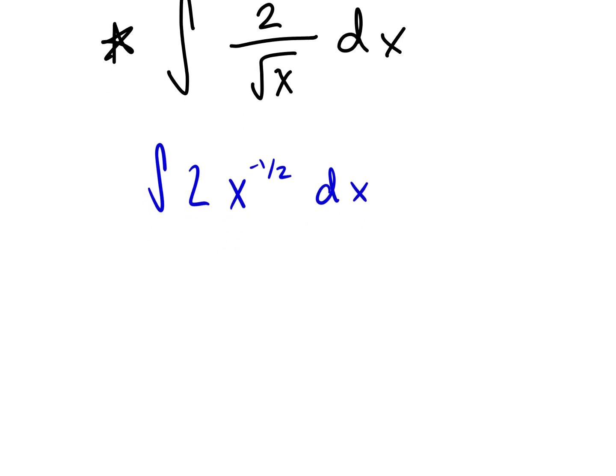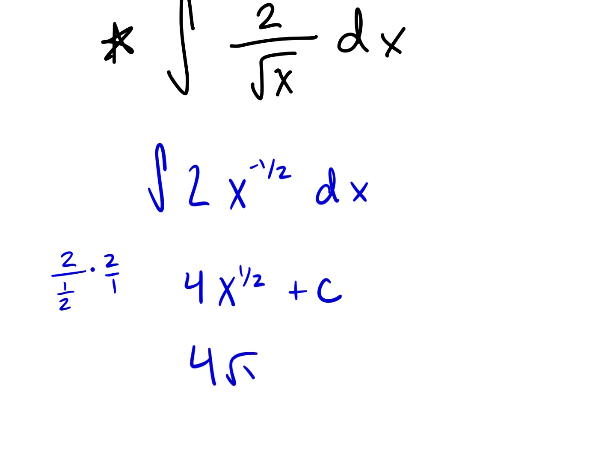So then we add 1 to the exponent, divide by the new exponent. So this would be x to the 1/2 power, divided by 1/2. So 2 divided by 1/2, we would keep change flip. So this would be 4 plus c. Now it could be written like this. It could be 4 times the square root of x plus c.